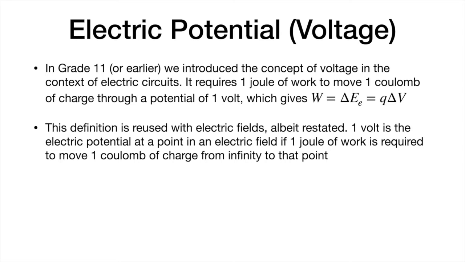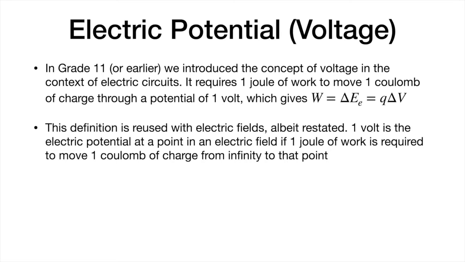So in the case of an electric field, we're going to use a similar kind of description, right? This whole idea of 1 joule of work to move 1 coulomb of charge through a potential of 1 volt. The difference here is that, like we did with gravitational potential energy, or gravitational potential, we're going to call zero.